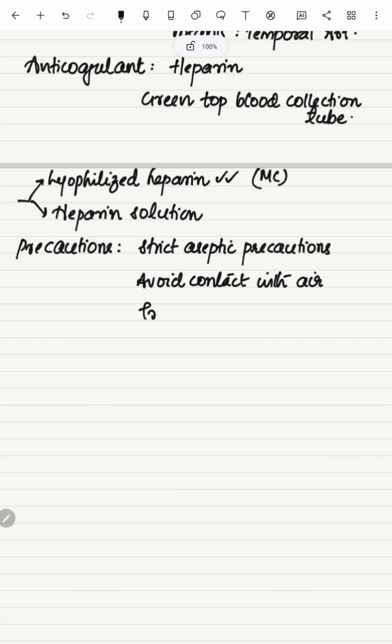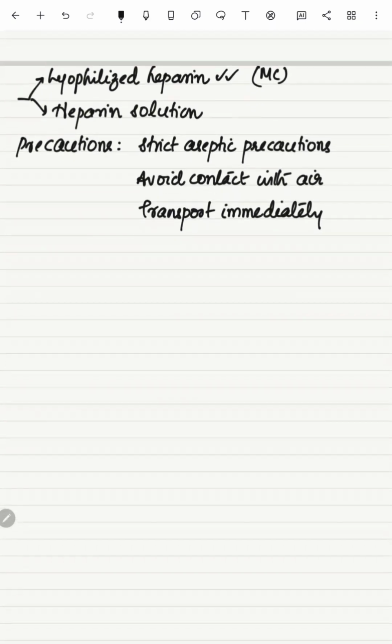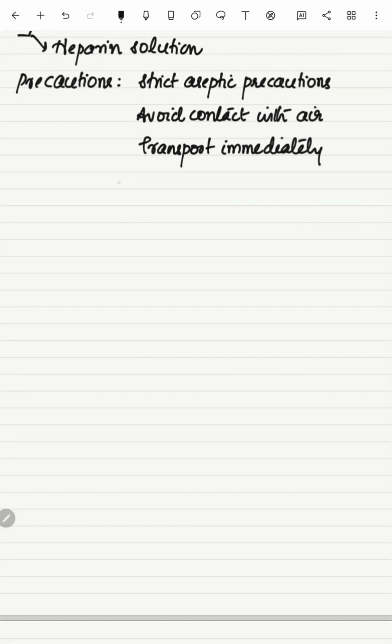As we all know, ABG analysis is a type of POCT, that is point of care testing. So, if there is any delay in the transport, there will be oxygen consumption and carbon dioxide production by WBCs and platelets.